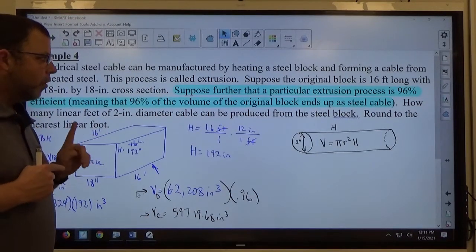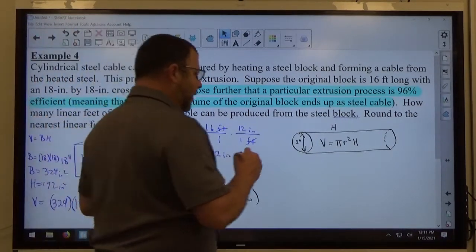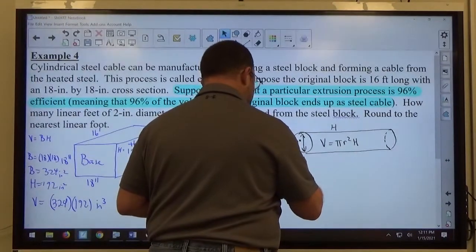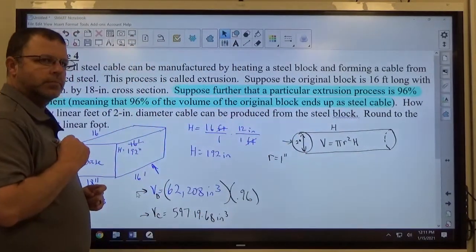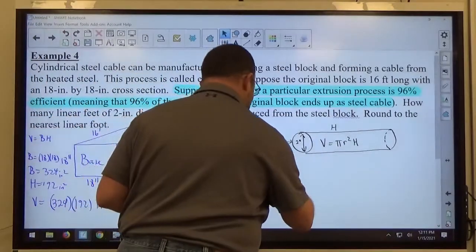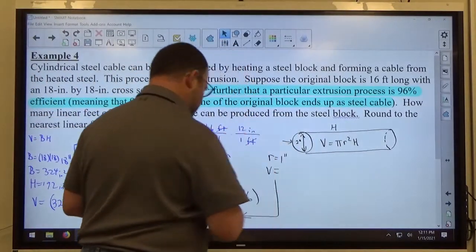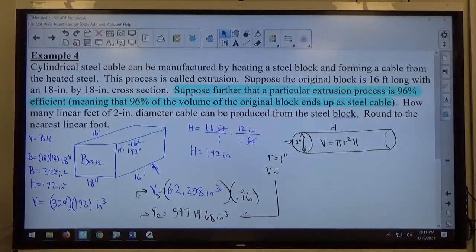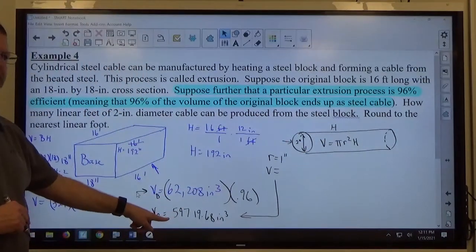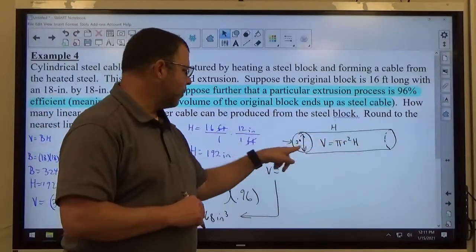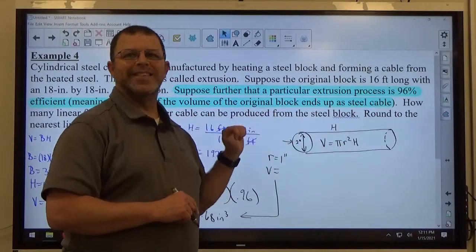All right, so what I know about this is the radius is equal to 1 inch because the diameter is 2 inches. I know the volume of this thing is equal to this number here. I do not know the height. Using this formula, replacing V with the volume I just figured out, and r with the radius, I can figure out what the height is in inches.